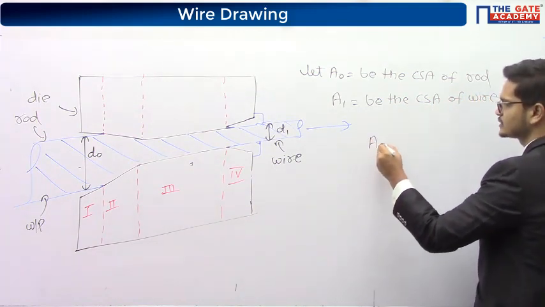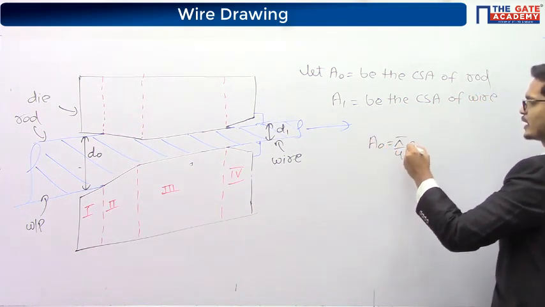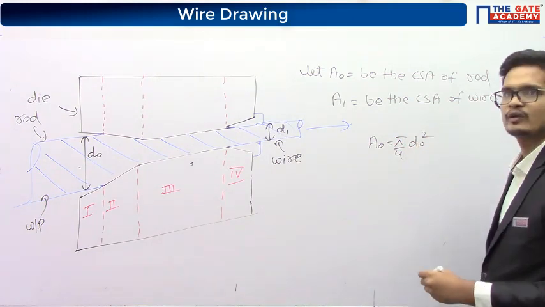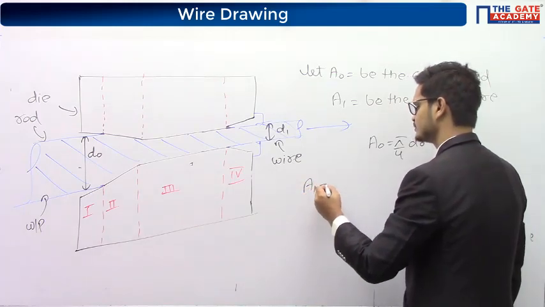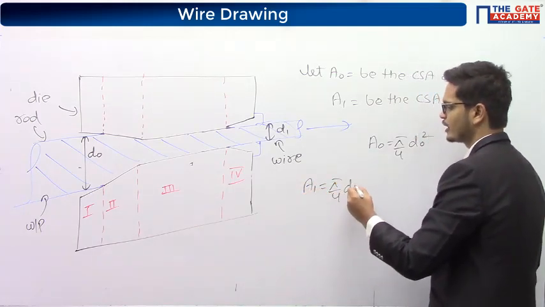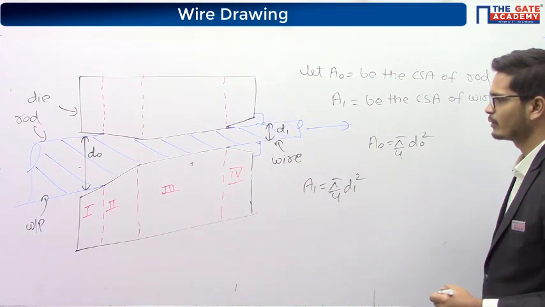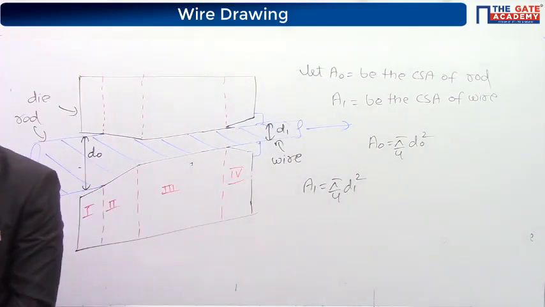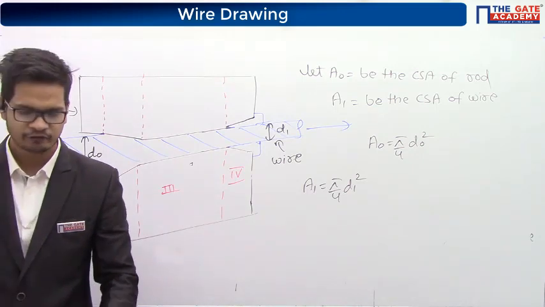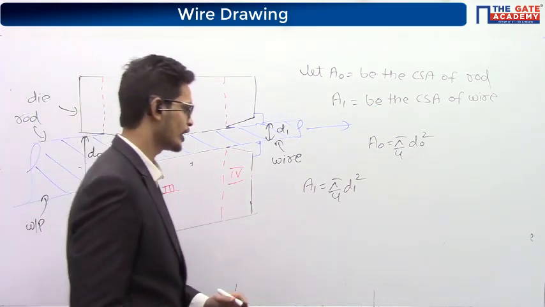So A0 is pi by 4 d0 square. A1 is pi by 4 d1 square. Okay. Now here again what happens is, we'll be getting the same formula for extrusion stress.